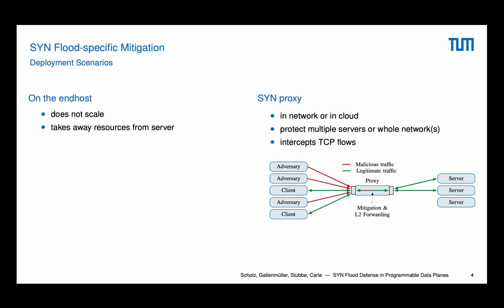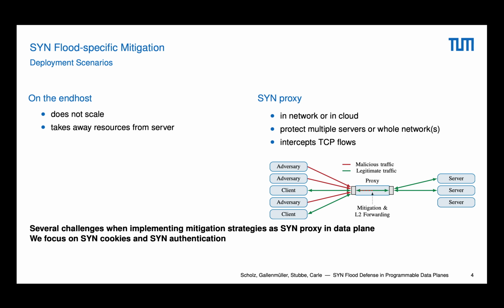Instead, you can deploy the mechanism somewhere in your network or in the cloud as some sort of proxy, and I will call this a SYN proxy for the rest of the talk. This way, you can protect multiple servers or even whole networks against SYN flood attacks. The task of this proxy is to intercept TCP flows and distinguish malicious traffic from legitimate traffic, and only forward legitimate traffic to the servers that are being protected.